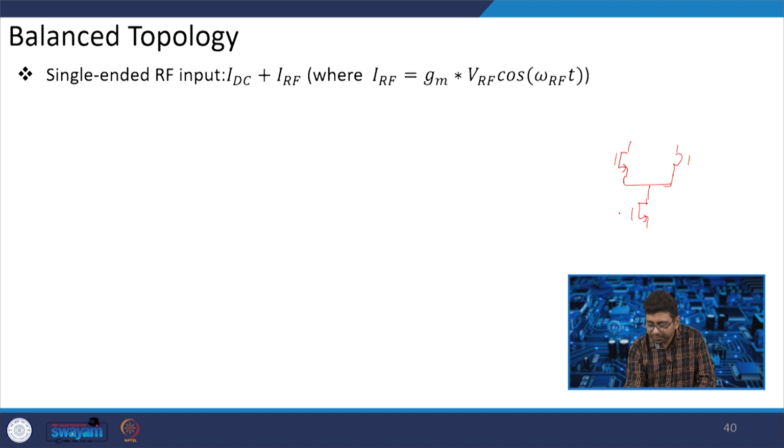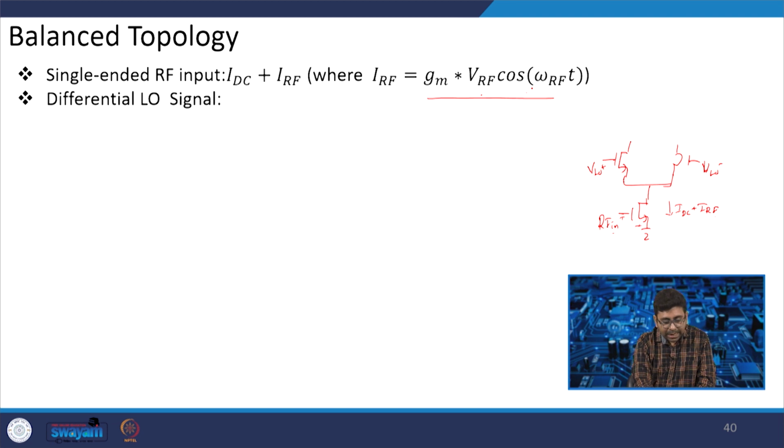This is the RF input, there is VLO plus, VLO minus, and for the RF, if you consider the DC current I_DC plus I_RF, where I_RF is given by Gm into V_RF, because this converts voltage into current. That current is nothing but Gm into V_GS, whatever voltage you apply here, and that V_GS is nothing but V_RF cos omega_RF t.